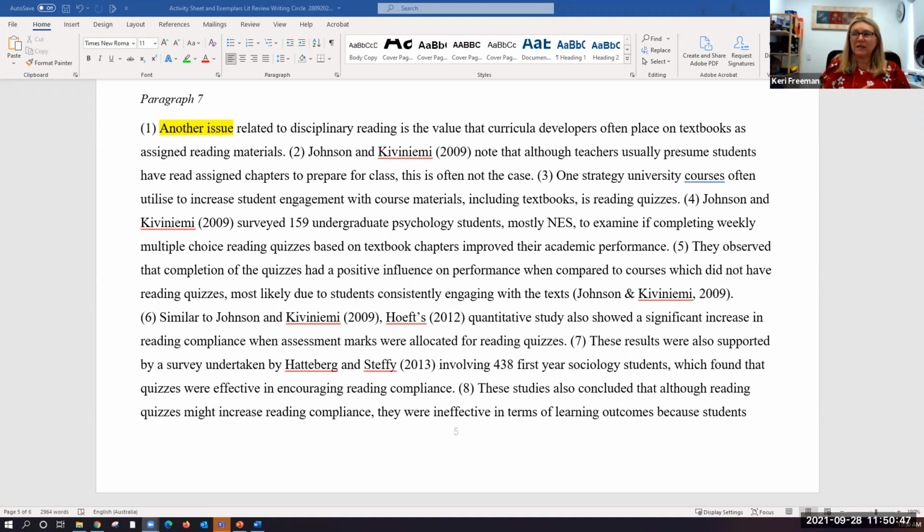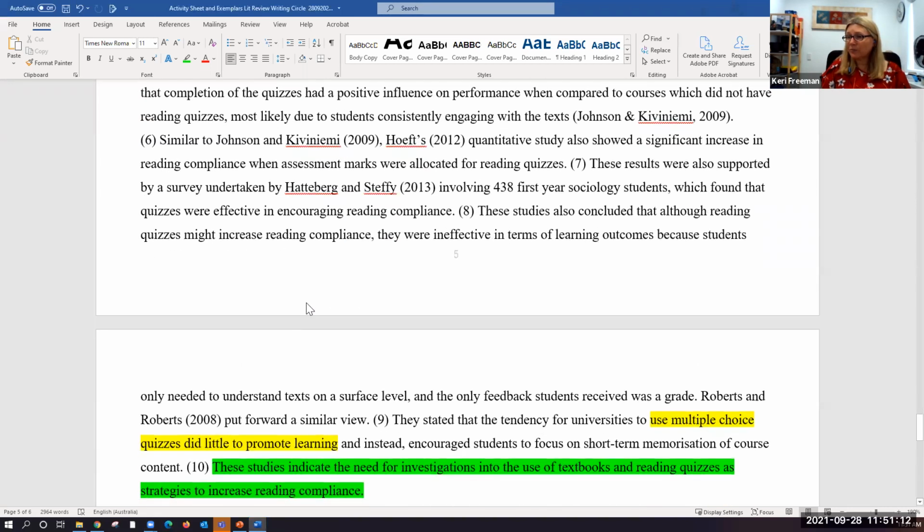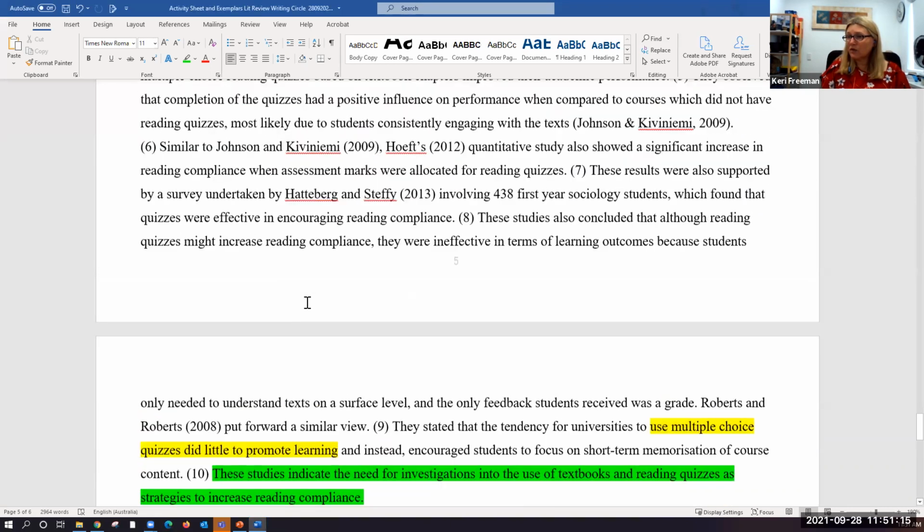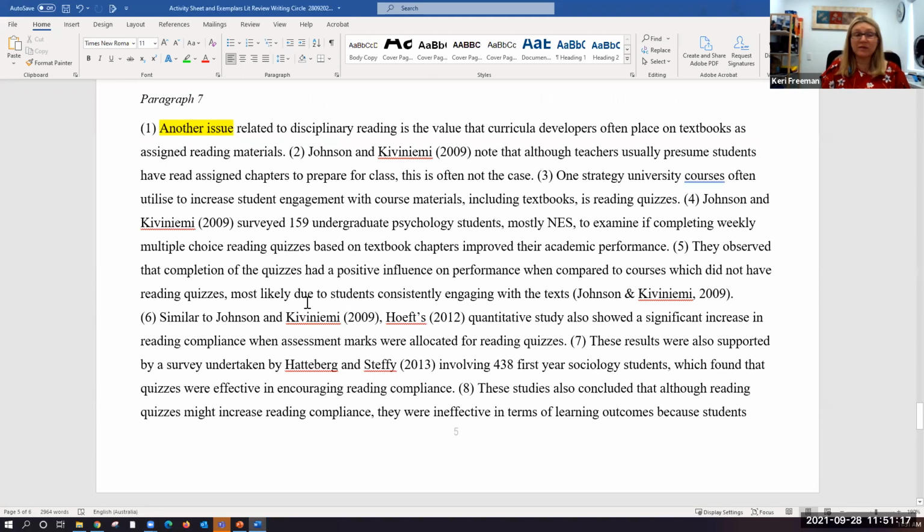So basically, remember too, this is one section of the whole literature review, but it is a good pickup. So if we look at paragraph 7, you're right, it's basically commenting that this was a survey. This one was a quantitative study as well. This was another survey, so you're right. There could probably be a comment because this survey was actually mixed.